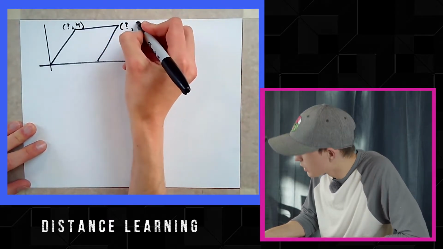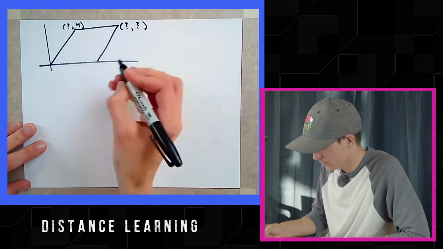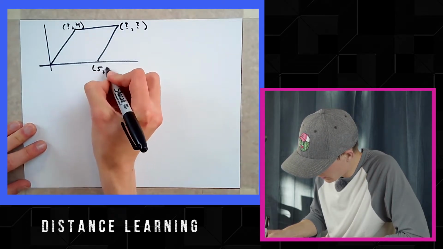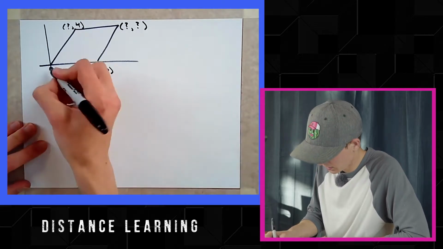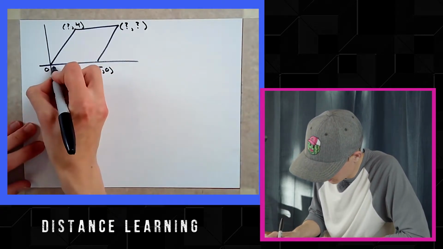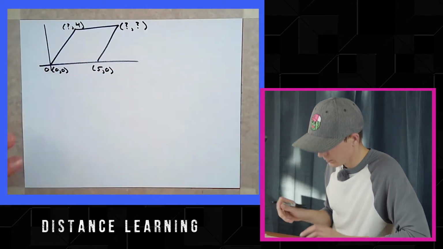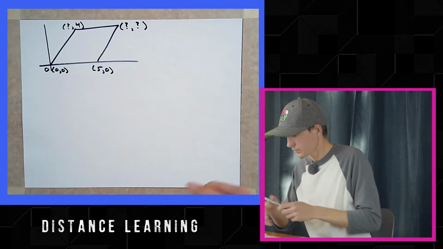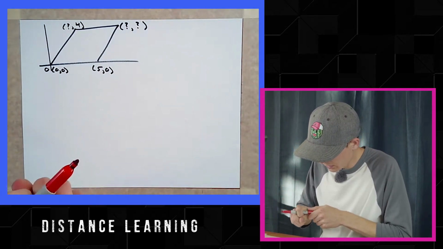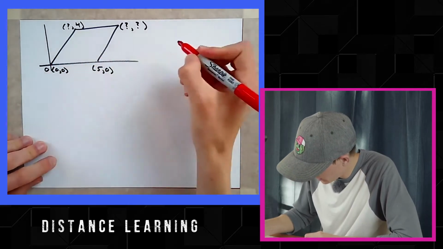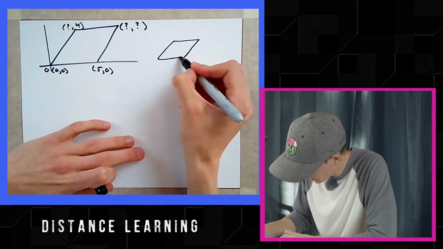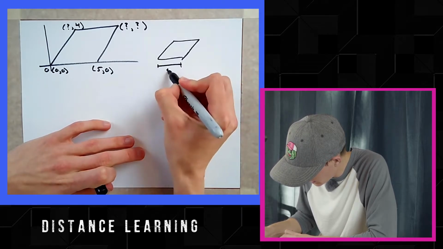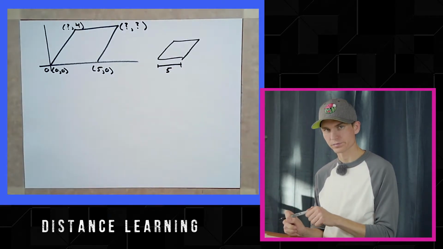Question mark, comma, 4. Question mark, 5, 0. And this, which is 0, 0. Alright, so do y'all agree that, let me draw this shape off to the side. This distance is 5, right?